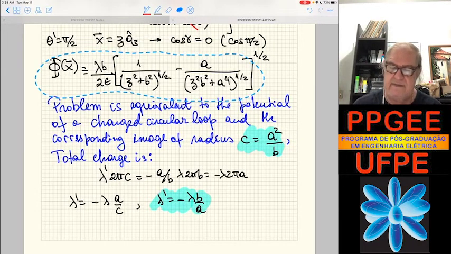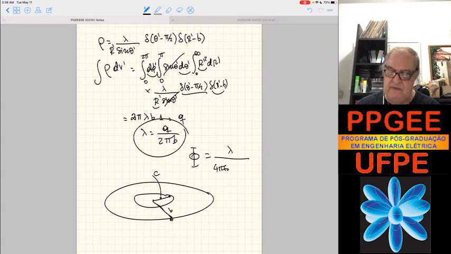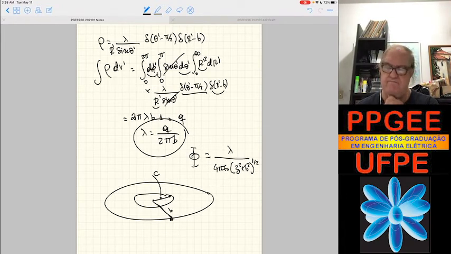Let's check. The potential of the charged line of radius b equals q over 4 pi epsilon 0 times the distance, z squared plus b squared to the 1/2. It's not lambda, it's q, I'm sorry.